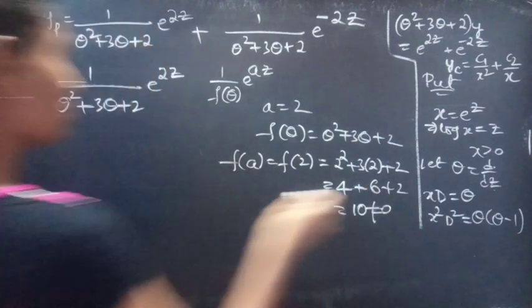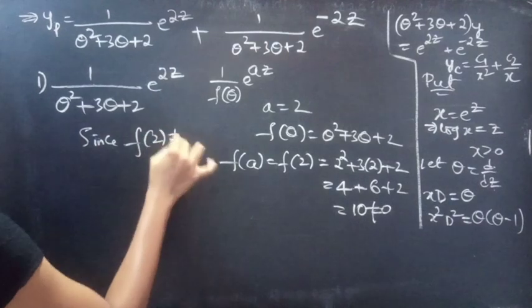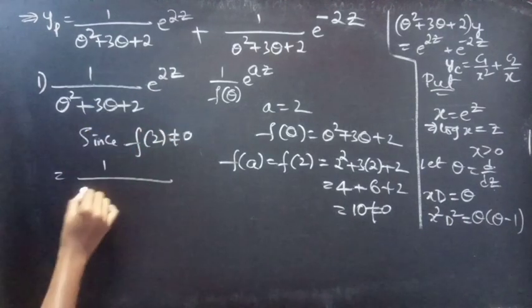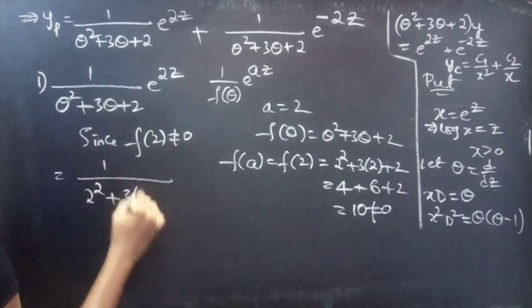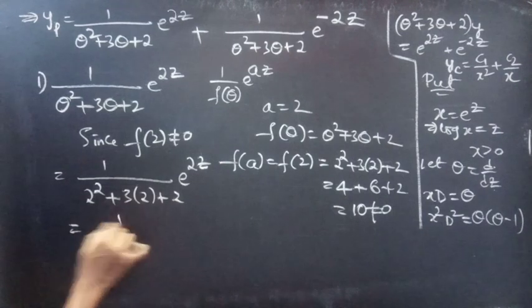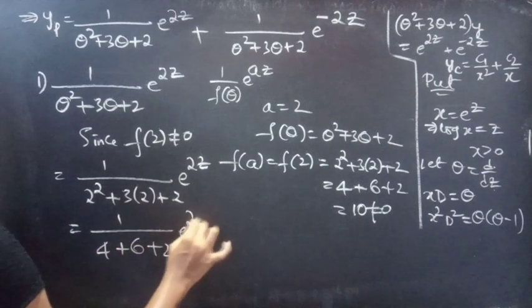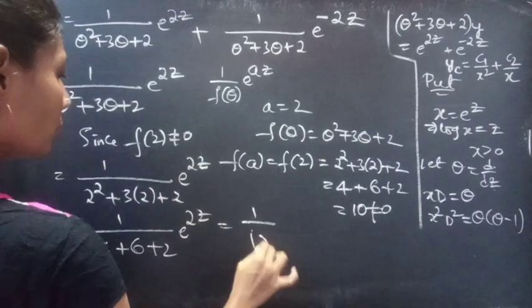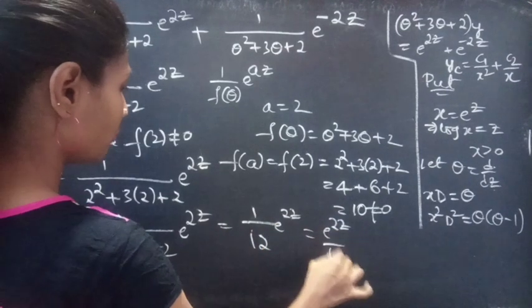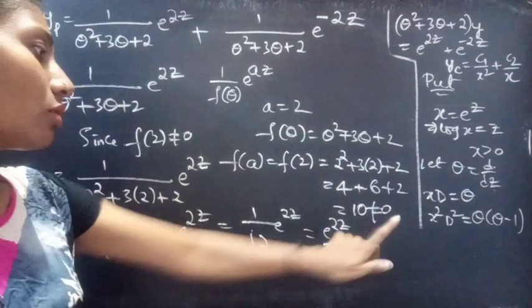Non-zero. Since f of 2 is non-zero, we can replace theta by 2. Then we'll get 1 by 2 square plus 3 into 2 plus 2 into e power 2z, which is equal to 1 by 4 plus 3 2s are 6 plus 2 into e power 2z, which is equal to 1 by 12 into e power 2z, or we can write it as e power 2z by 12. Okay. What happens if this is equal to 0?